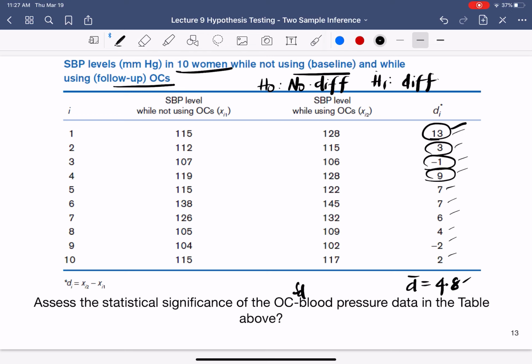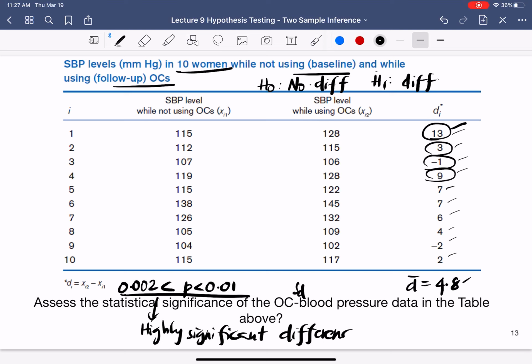So here the significance level of p-value is between 0.002 and 0.01. So we consider that this is a highly significant difference between the oral contraceptive blood pressure data of 10 women between baseline and follow-up values. So that is the problem that we generate.